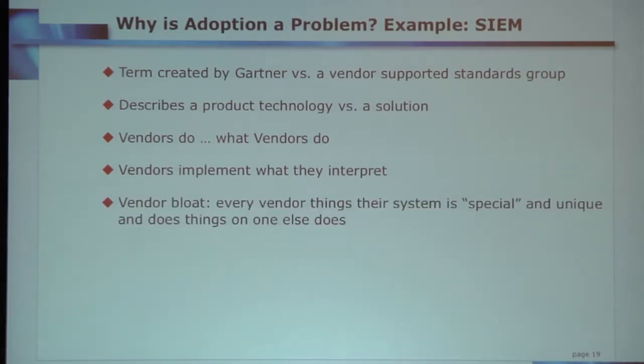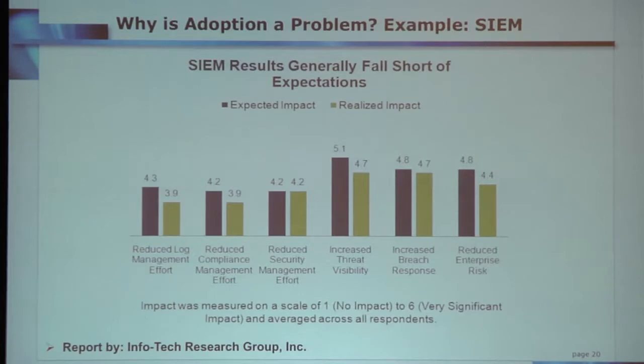Every vendor thinks that their system is somewhat unique, somewhat special, and does things that nobody else does. And then you end up with a system that is really complex, and it's difficult to implement, to deploy, and to manage. And this is the report card, by the way. According to one of the latest reports from Infotech Research Group, the realized impact of SIEM appears to be trailing the expected impact.